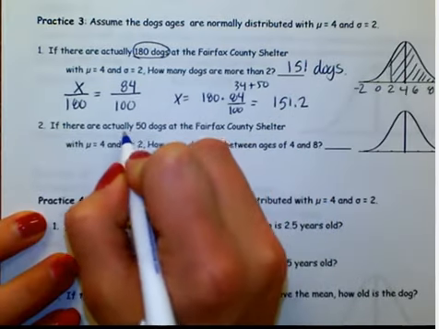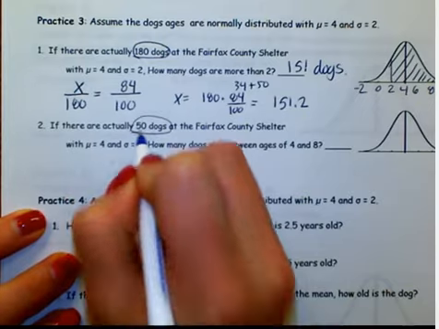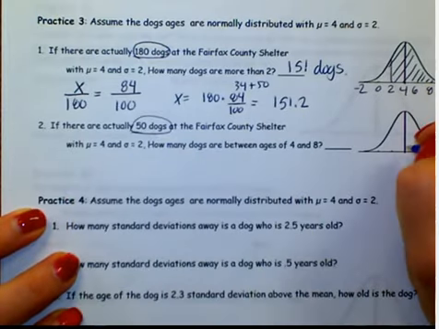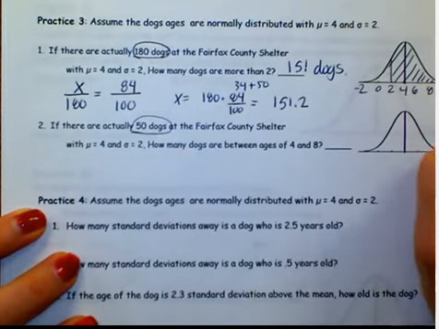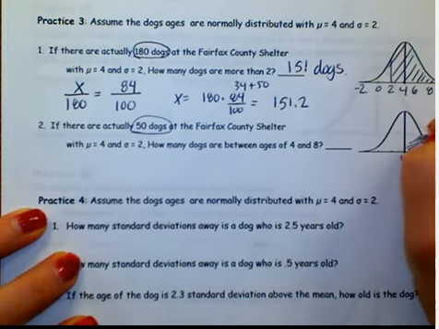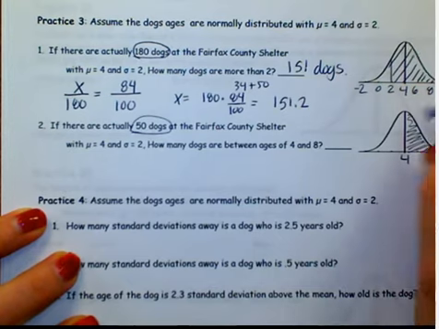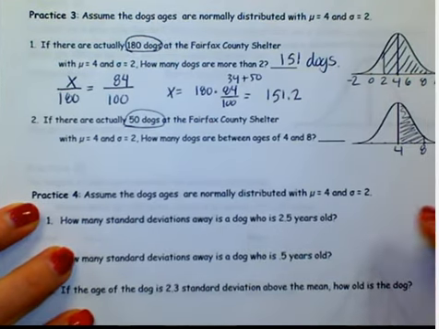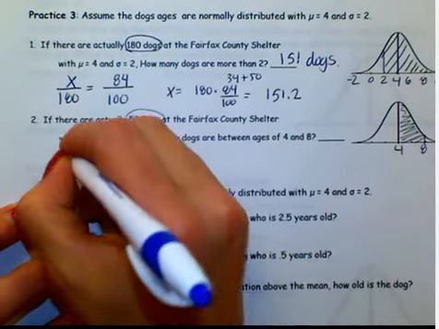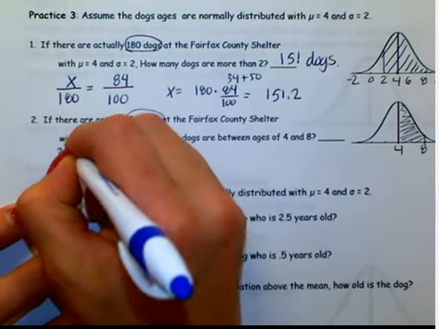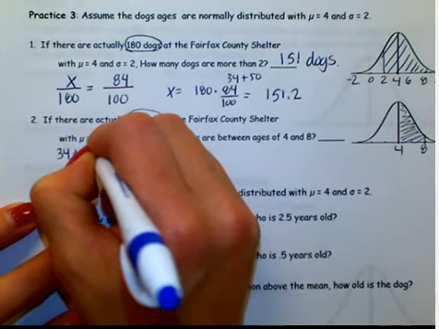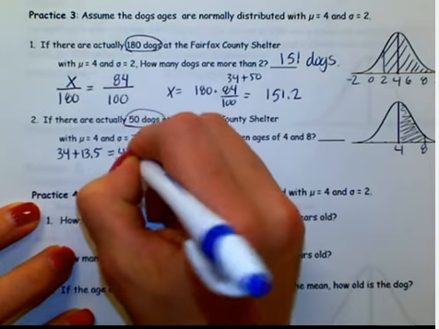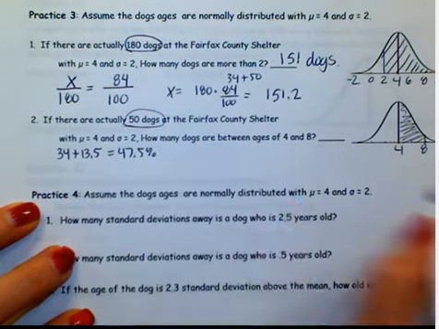If there are actually 50 dogs, how many are between 4 and 8? Okay, so what percent of my data points are between 4 and 8? So that's 34 and 13.5. So that's 47.5%.